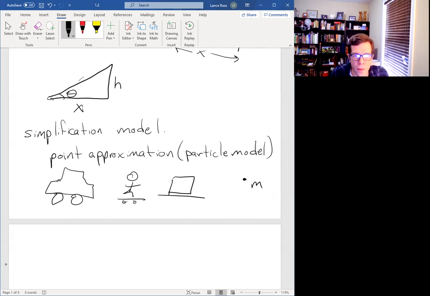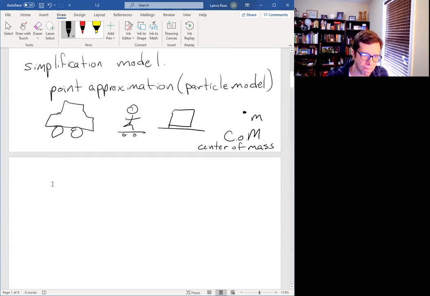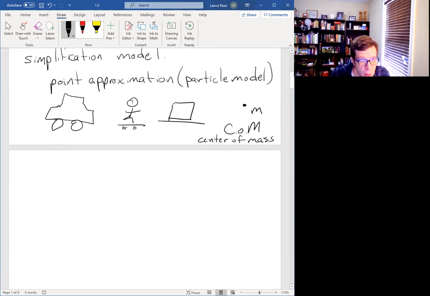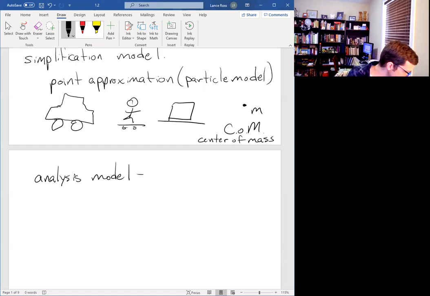And you may also hear this called center of mass. Right? Because that point would be located at the center of mass, and we consider the whole object as existing at that same point. The next one is analysis model. Again, these are all just simplifications.